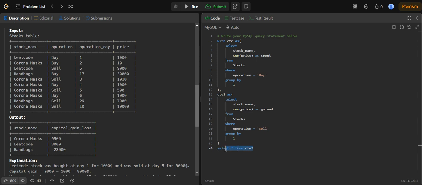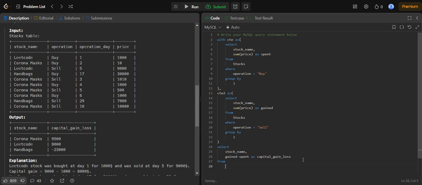Now, what will I do here? I will simply subtract: gain minus spent. I will write the stock name, comma, the money I gained minus the money I spent, as capital gain loss, from the first CTE table.